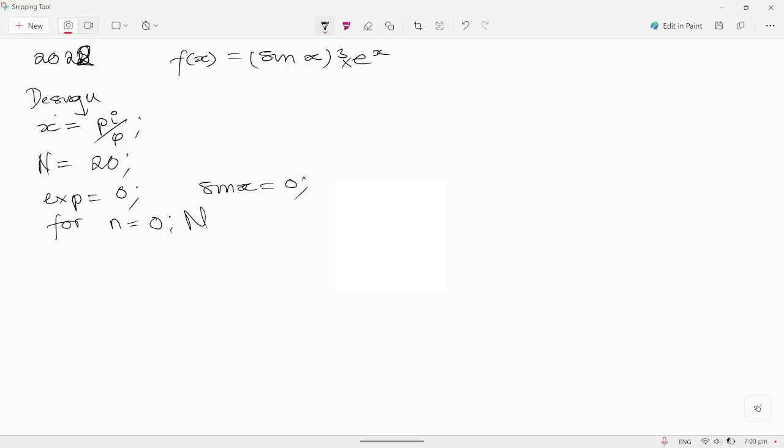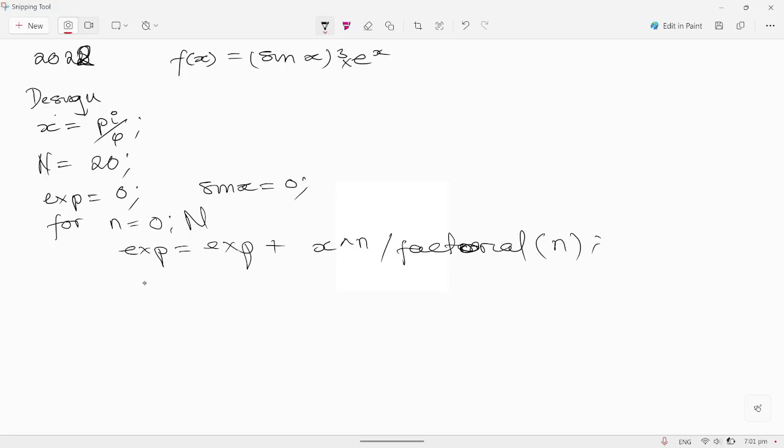Then we're going to have our expressions for exponential. We're going to say exp is equal to exp plus, you might forget the summation, it's just x to the power n divided by factorial n. It's that simple.